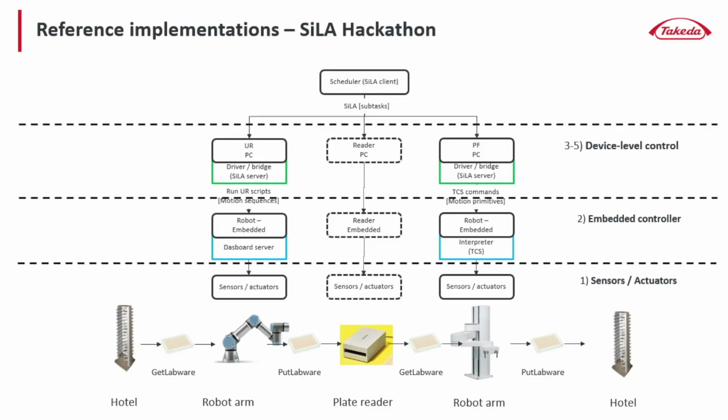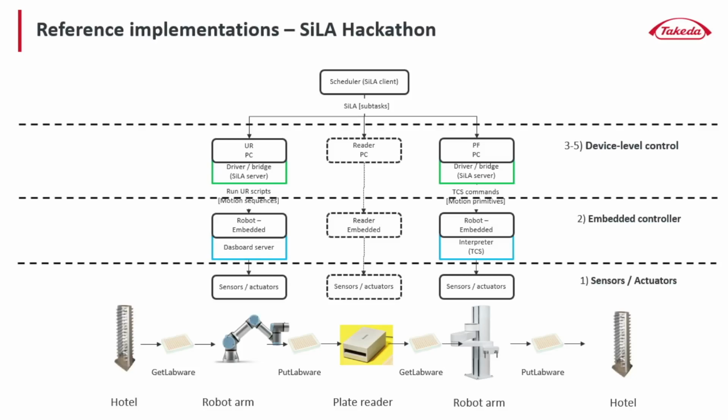And of course, the whole system was controlled by a scheduler by means of SiLA commands, as interpreted as subtasks. So here we see that there is a difference between what level of activity is communicated between the device level control and the embedded controller.